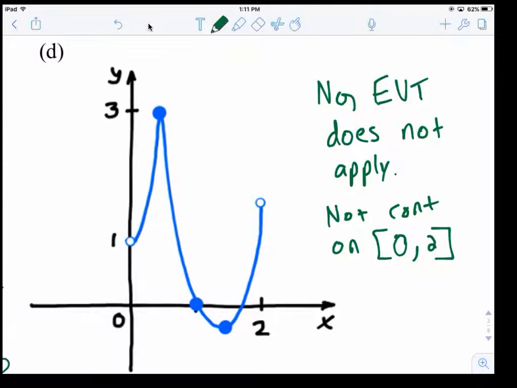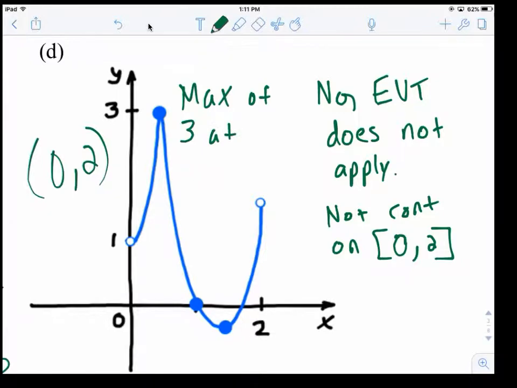But because I don't have values there, it would only be an open interval from 0 to 2. So it looks like I still have a max here at maybe a half, of 3.